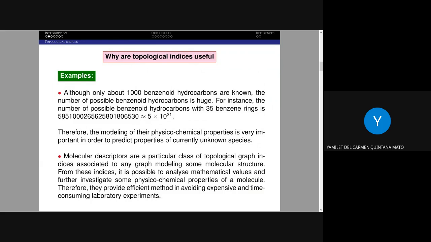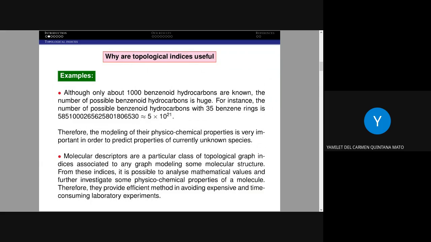Molecular descriptors are a particular class of topological graph indices associated to any graph modeling some molecular structure. From these indices, it is possible to analyze mathematical values and further investigate some physical-chemical properties of a molecule.